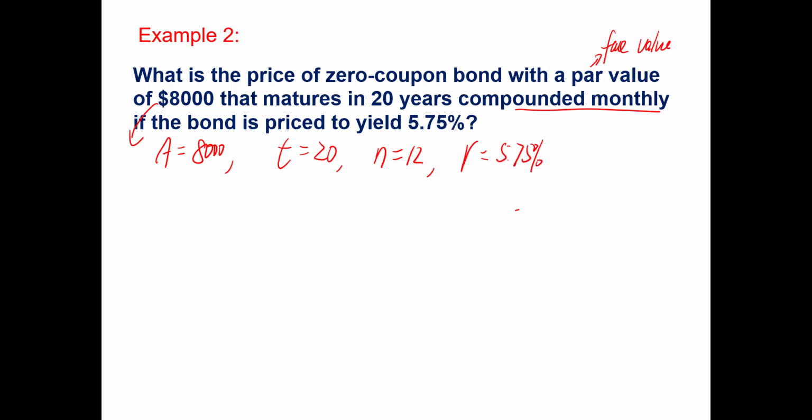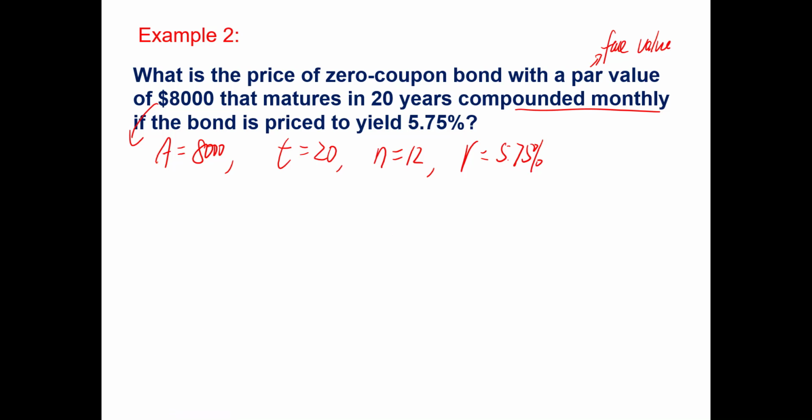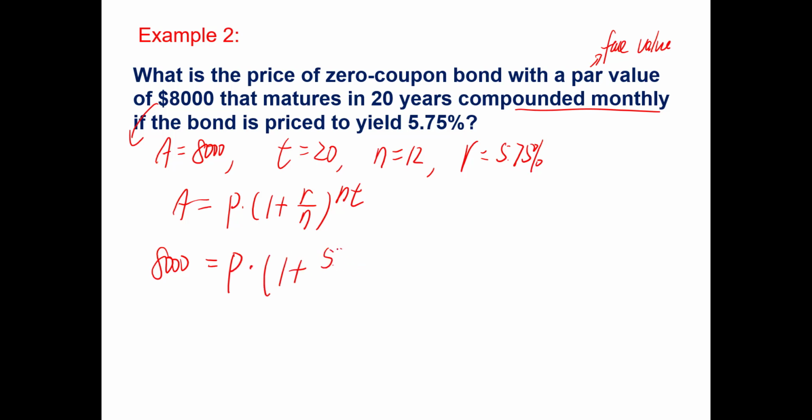And then the rate is 5.75%. So now we are using the formula to solve for the present value. So A equal to P times (1 plus r over n) to the nt. Throwing in all the numbers: 8,000 future value, present value P, 1 plus rate 5.75% over 12, raised to 12 times 20, and that's 240.